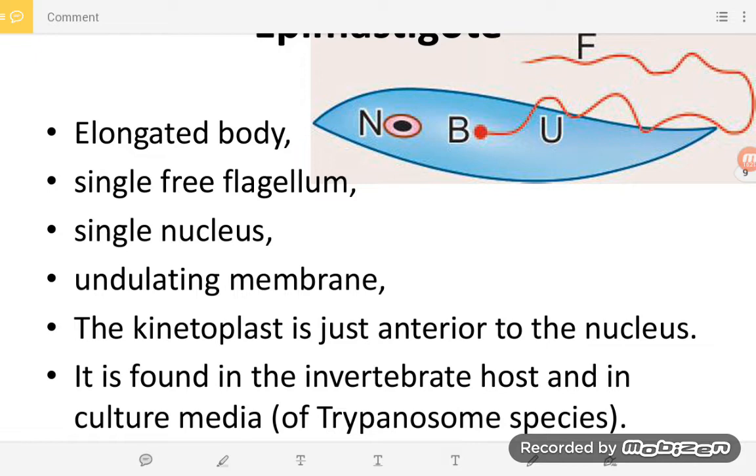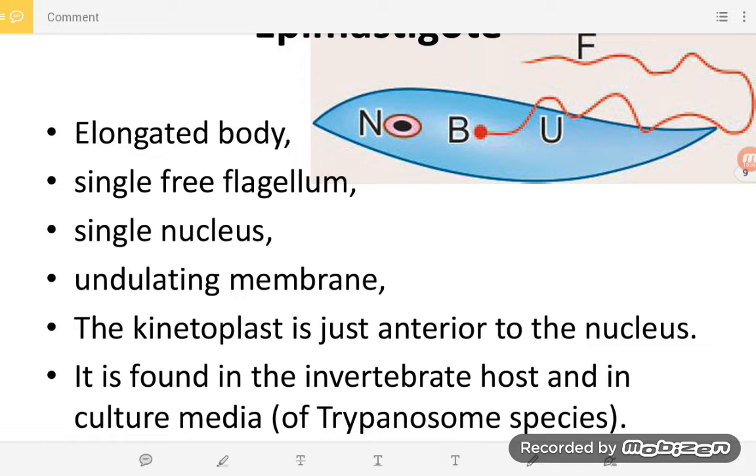From that the undulating membrane arises, and it is freely available in the anterior part, which we call the flagellum.